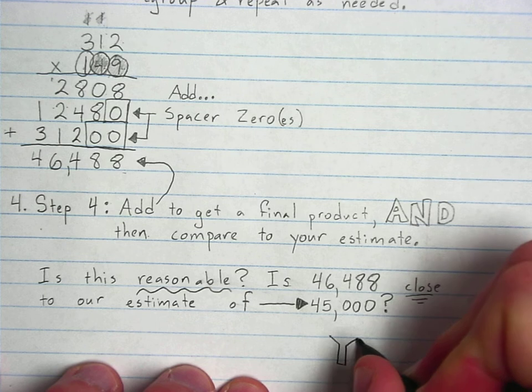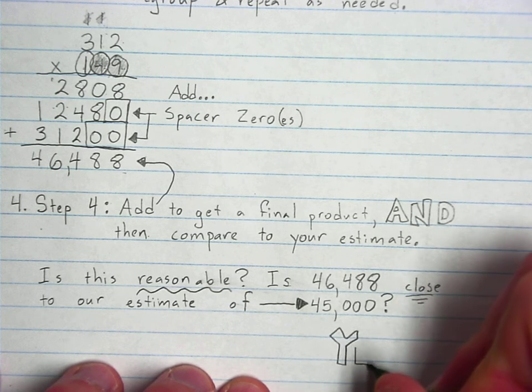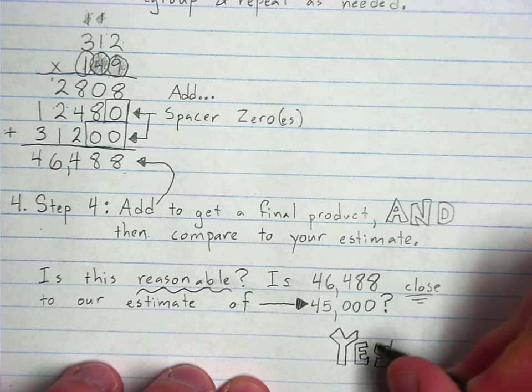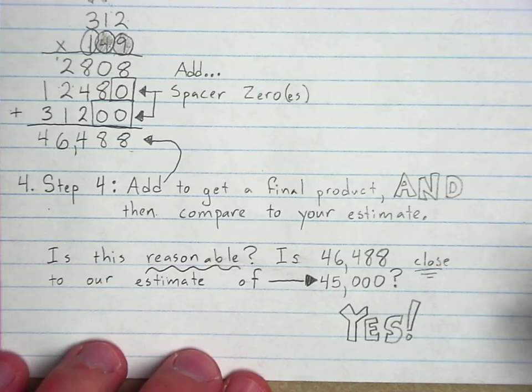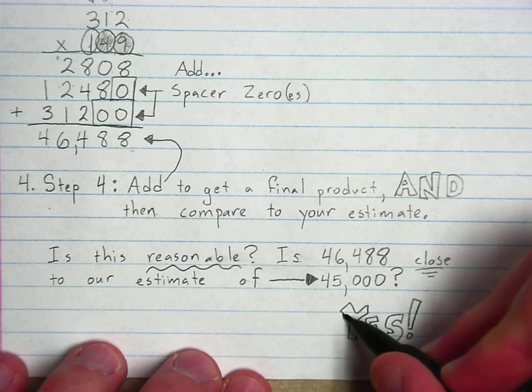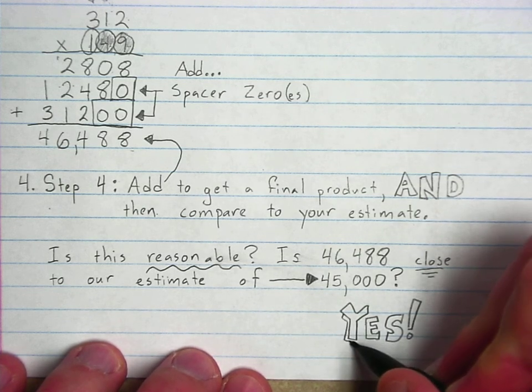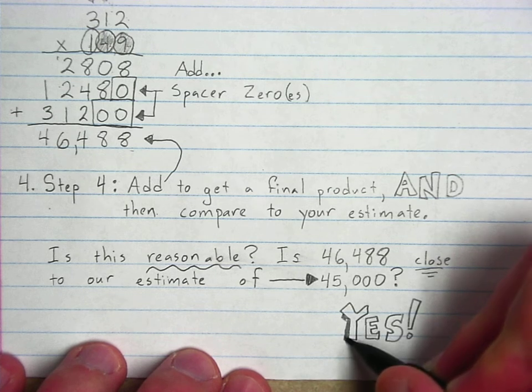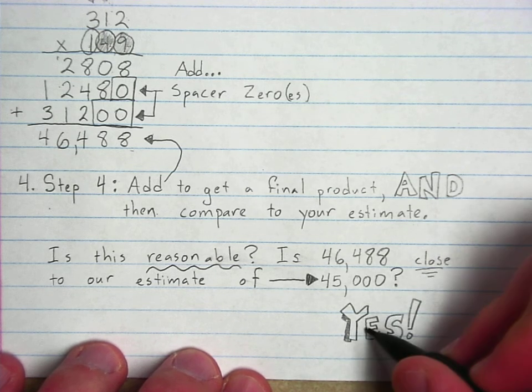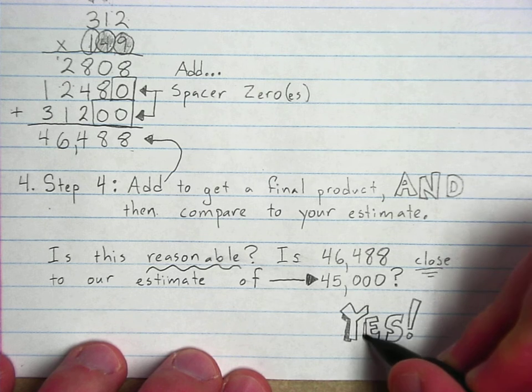I hope that you're at home giving a fairly emphatic, a fairly excited yes, because they are very close to one another. Now again, they're not perfect. That's okay. They're never going to be perfect. That's just not how estimating works. But they're only off by 1,488. They're pretty doggone close.